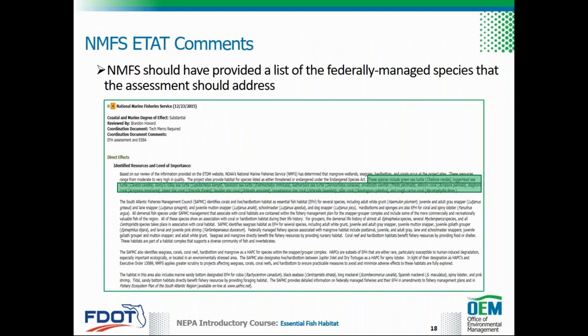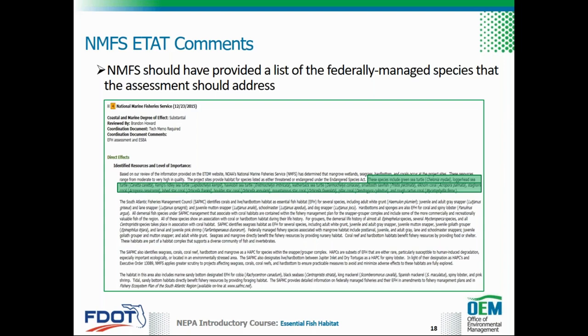During the ETDM screening, NMFS ETAT should have provided a list of federally managed species that the EFH assessment should address. As illustrated in this example, NMFS reviewed the early project information provided by FDOT on the ETDM website and documented that the sample project area provides habitat for several federally managed species, including sea turtles, multiple coral species, and the smalltooth sawfish.